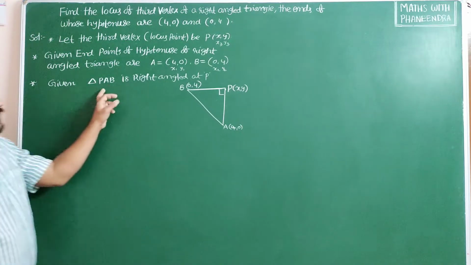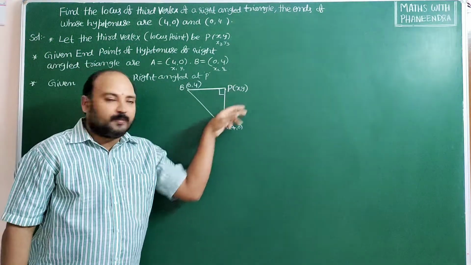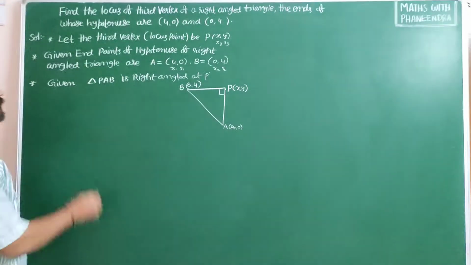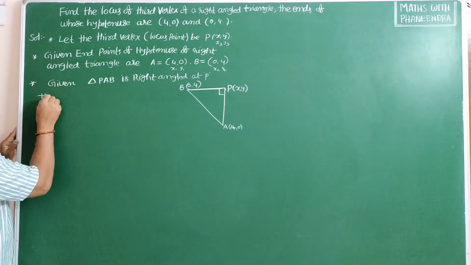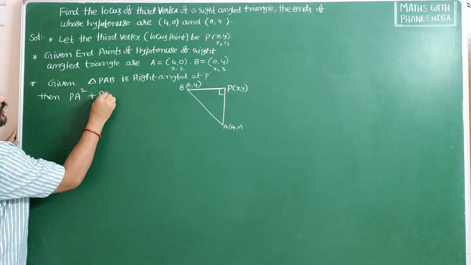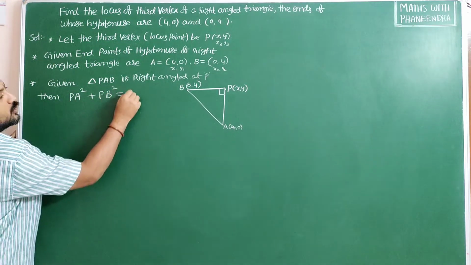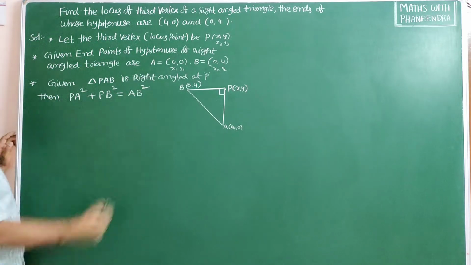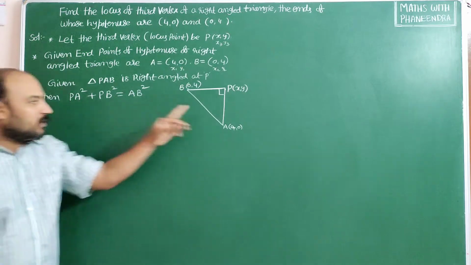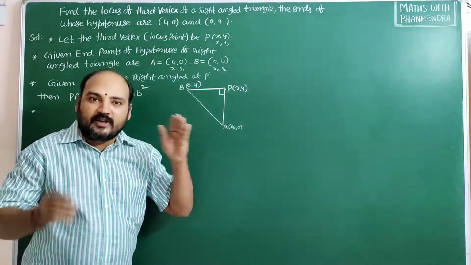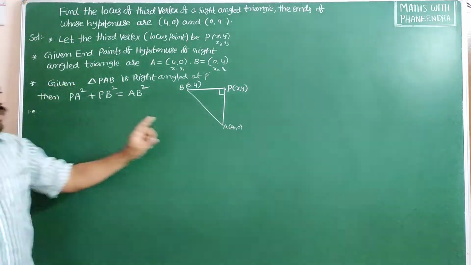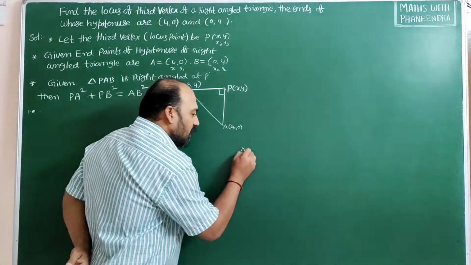Whenever triangle PAB is right angled at P, by using Pythagoras theorem, PA square plus PB square is equal to AB square. That means distance between these two points. Dear students, you remember, whenever square is there, without root you can write the distance formula.